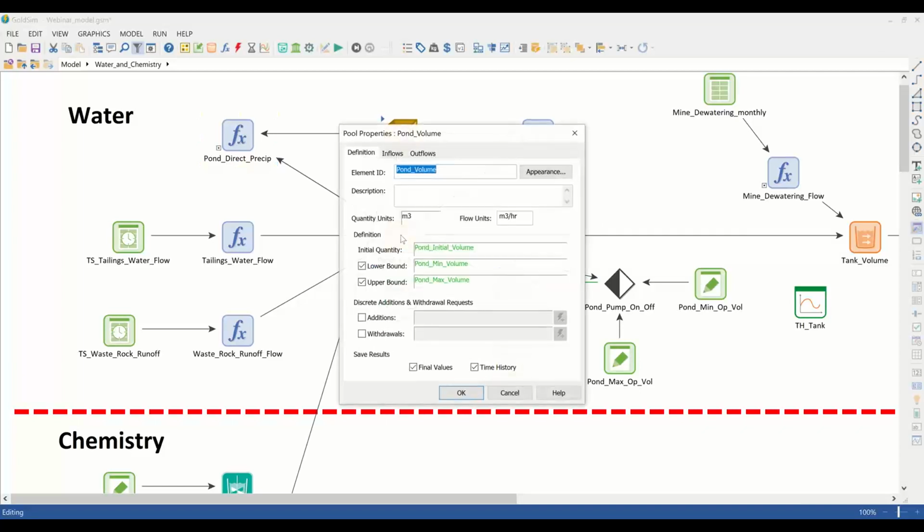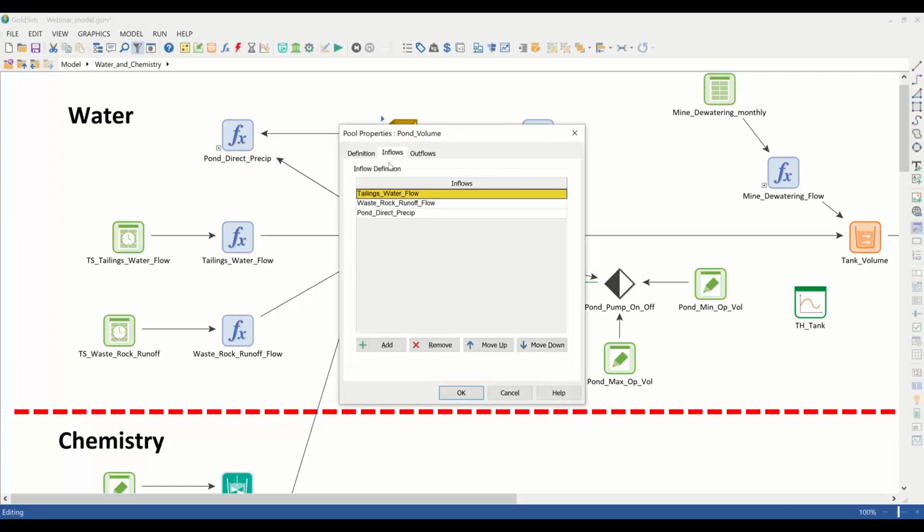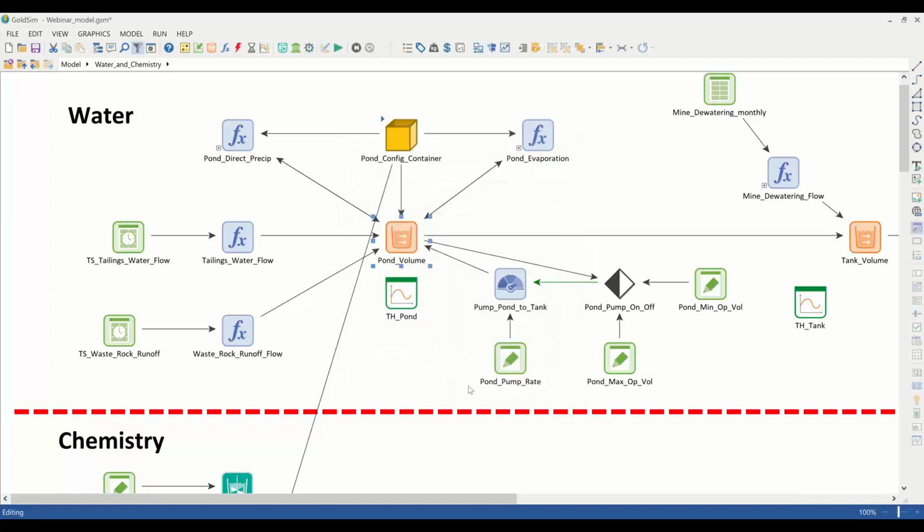So the pond has 3 inflows, and then it has 2 outflows, one to evaporation and one, the water that is pumped to the tank. And I'm using a pool element here because I find those to be quite flexible and quite nice to use. The pumping is based on a logic where I use a status element. If the pond gets higher than the maximum operating volume, which is 9 million cubic meters, then the pumps turn on.